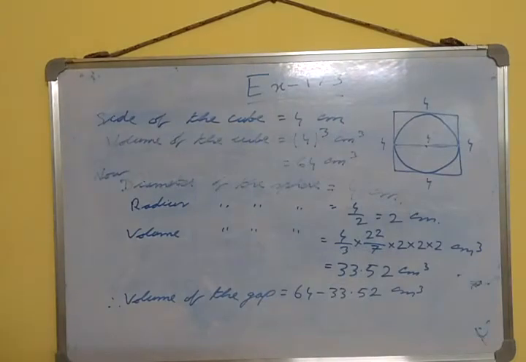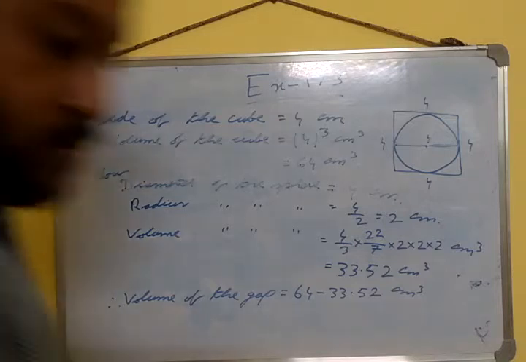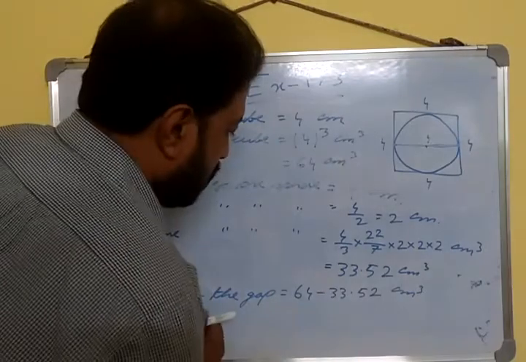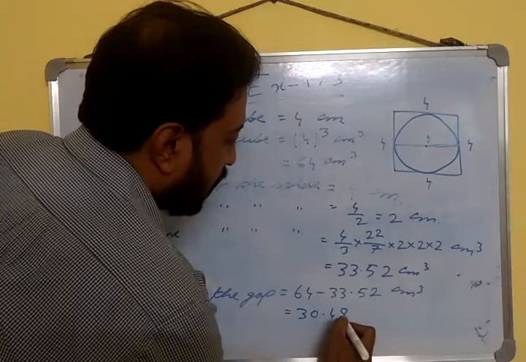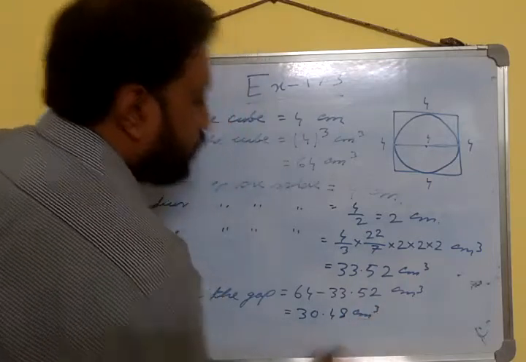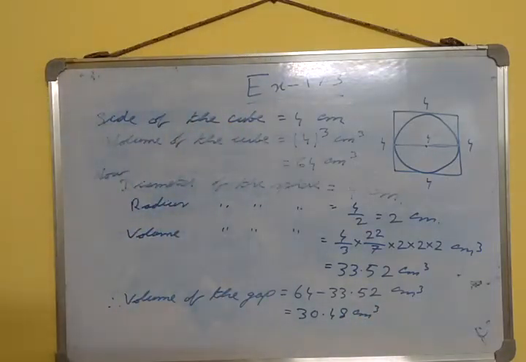So 64 minus 33.52, that is 30.48. That is equal to around 30.48 centimeter cube. It's a little bit of tricky maths, not a hard math.